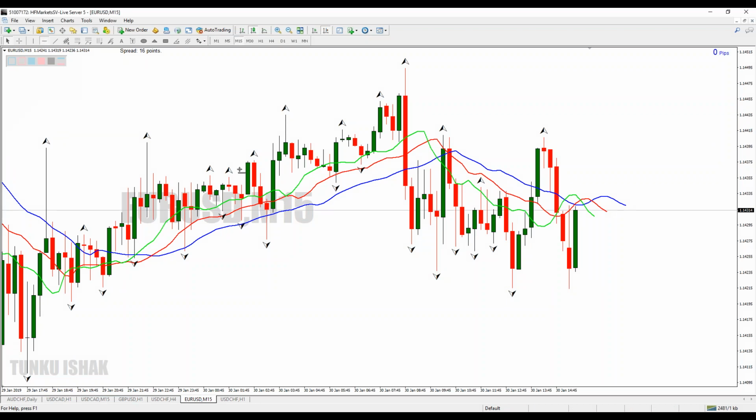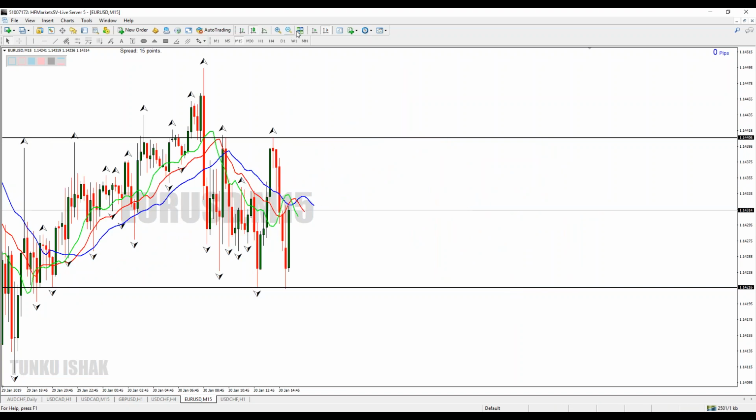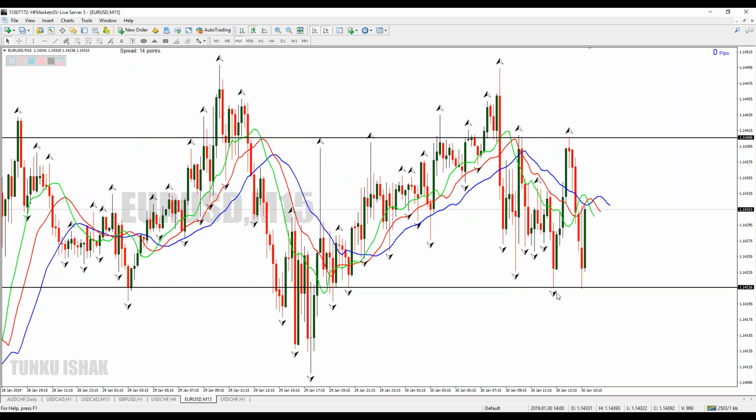You can see here, the fractal's second useful usage is as support and resistance. If you don't believe, mark the second last fractal and zoom out, you can see support, support, support, support, support, resistance here. Two last, this and this, not the other.